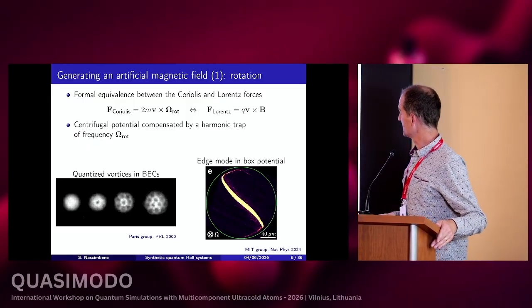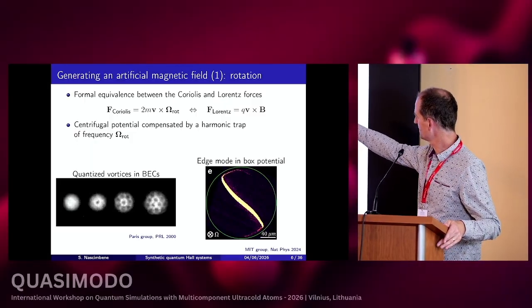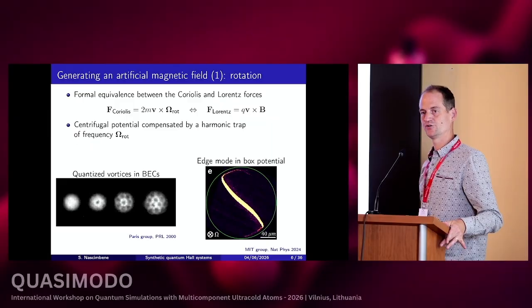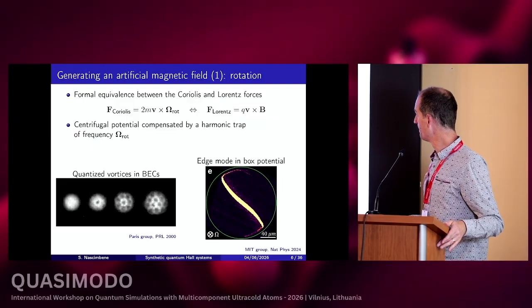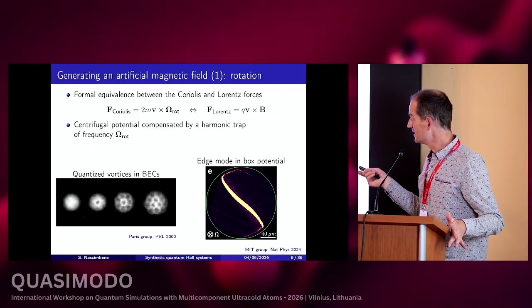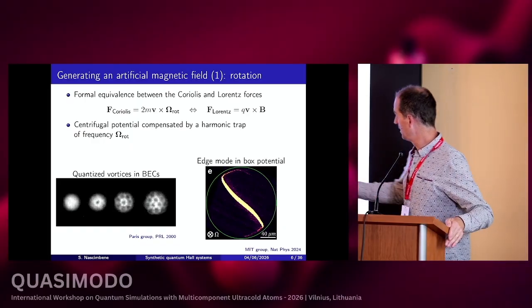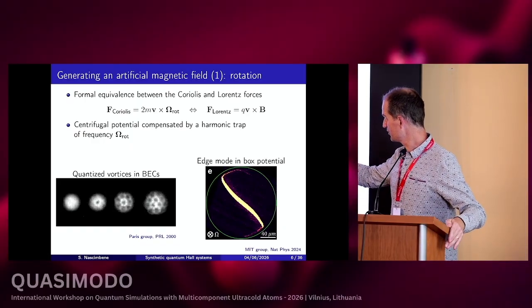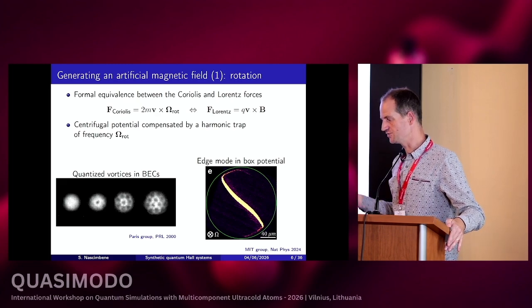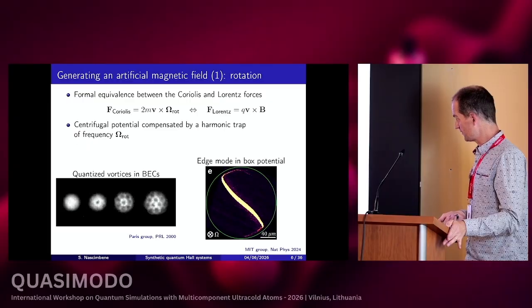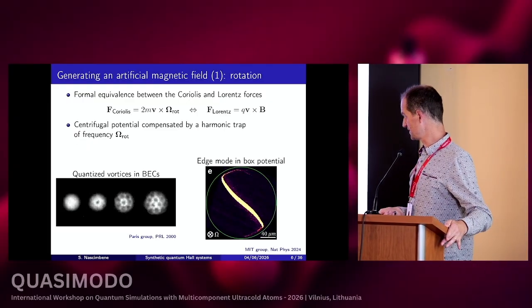You see here the expression, and you will recognize that it is formally equivalent to the Lorentz force that acts on a charged particle when you put a magnetic field. Then this leads to essentially the same physics. And in particular, in Bose-Einstein condensates, it leads to the appearance of quantized vortices, a little bit like the action of a magnetic field on a superconducting system.